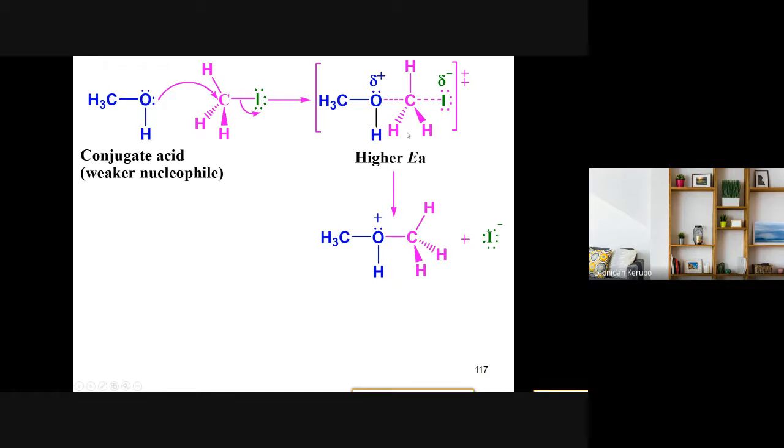After that, this is the next process where this bond has completely formed, but there's still a positive charge, and therefore the base, in this case the iodide ion, is going to abstract this acidic proton, because it has a partial positive charge, leaving behind 2 electrons, which will stabilize that positive charge on oxygen, and it forms the ether.